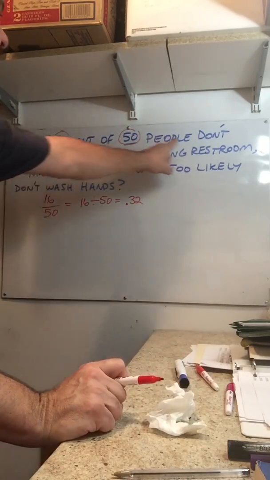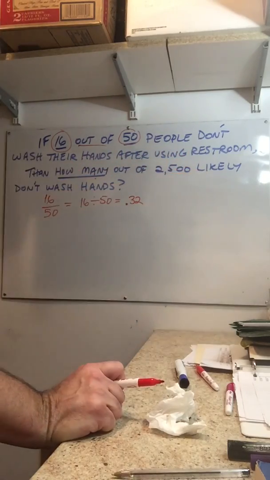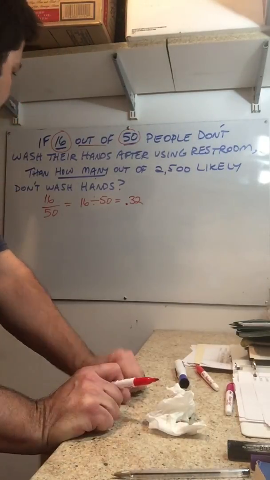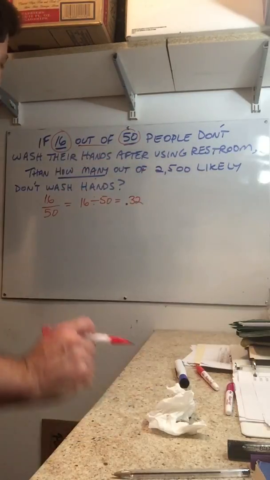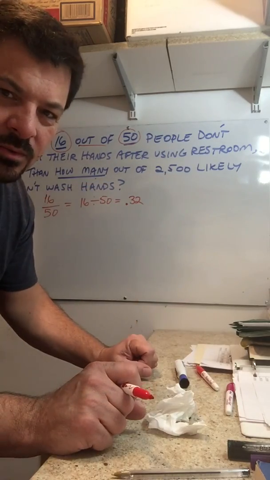So, if 16 out of 50 people don't wash their hands after using the restroom, then how many of the 2,500 likely don't wash their hands? Right now we know 16 out of 50, but in this problem, we're trying to figure out how many out of 2,500 don't.